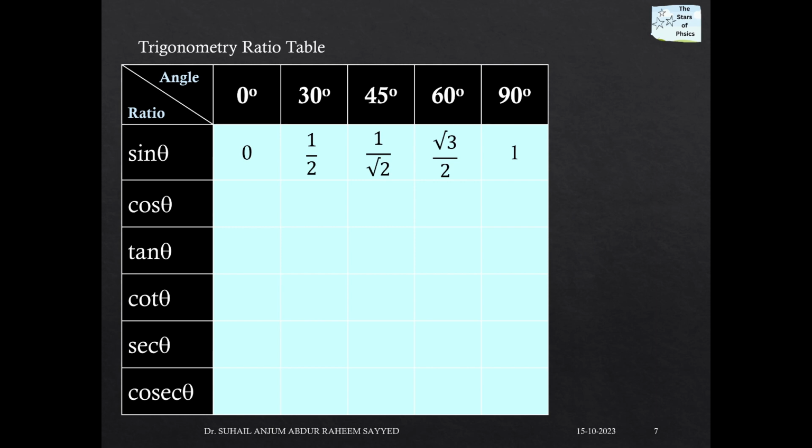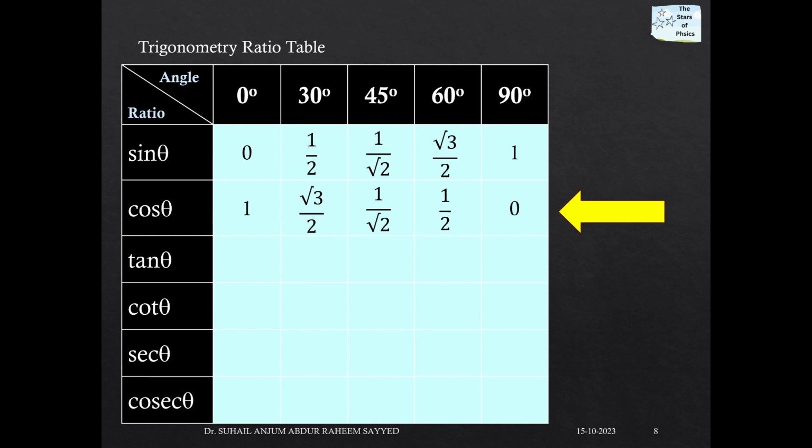So we can summarize those things in this table. Sine 0 degrees is 0, sine 30 is half, sine of 45 degrees is 1 by root 2, sine 60 degrees is root 3 by 2, and sine of 90 degrees is 1. Now to find out cos, we just have to write this in reverse.